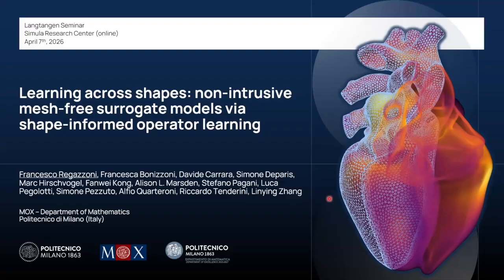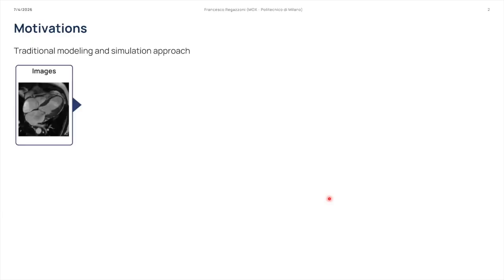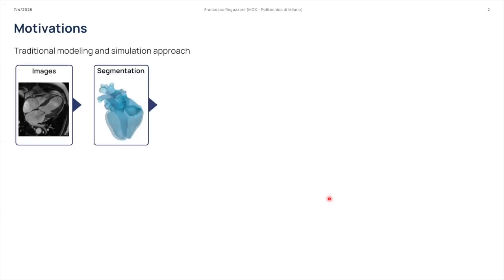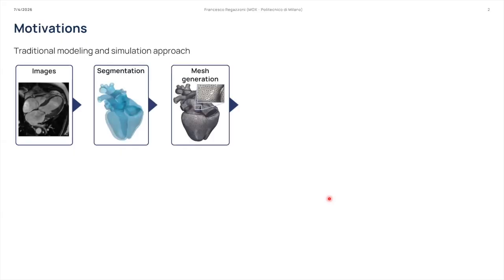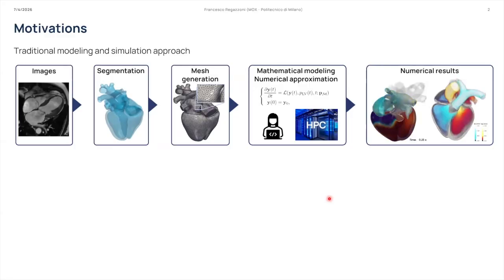Let me start with a slide with the motivations behind this work. So let's consider the traditional modeling and simulation approach, for instance, in biomedicine. What we typically do is that we start from images, we segment them, we generate a mesh, and then we exploit the knowledge encoded into mathematical models to perform numerical simulations and to have results that can be useful in applications.